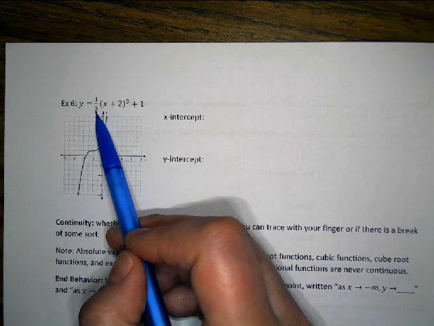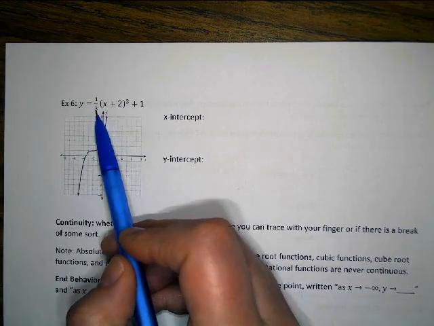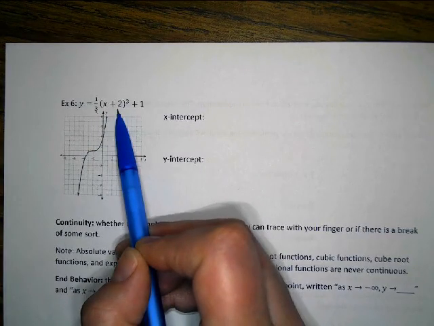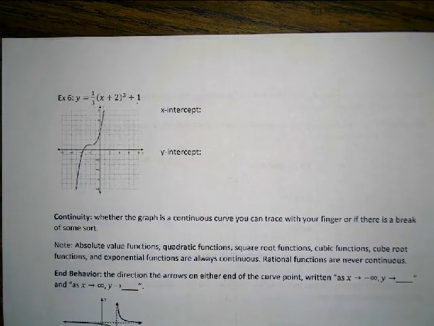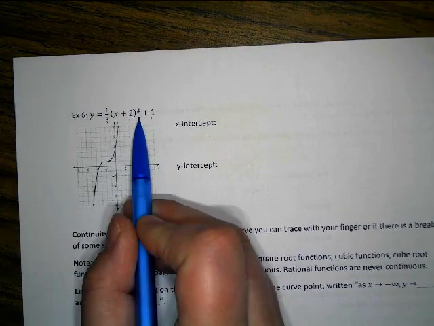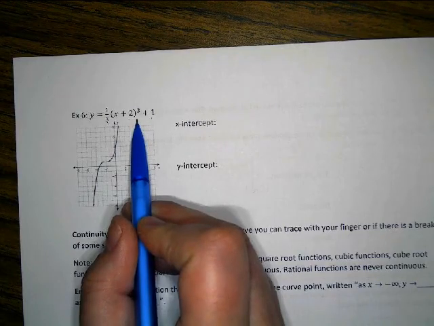So this is a vertical compression, okay? And left 2 and up 1. Okay. The exponent, what does the exponent tell you? Because the exponent does mean something, but it's not a transformation. It tells you it's a cubic graph. So it tells you that the shape of the graph is going to be this shape instead of a U shape or a V shape or one of the rationals. It tells you what it's going to be.